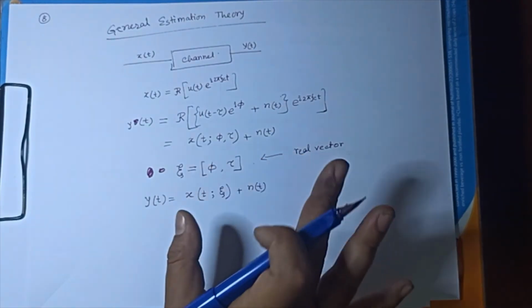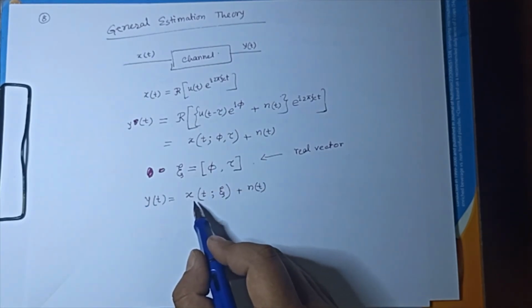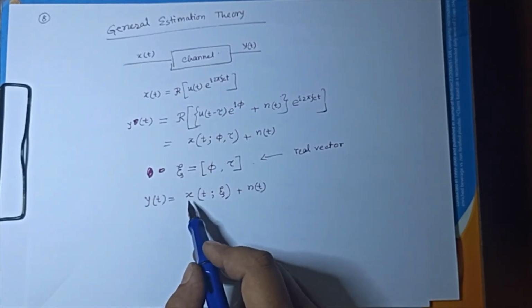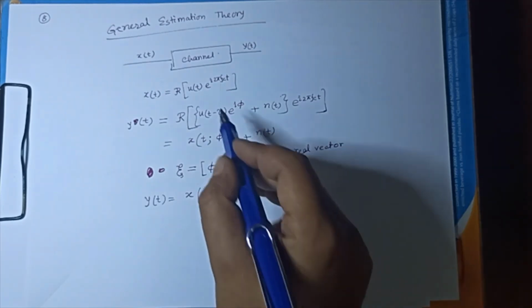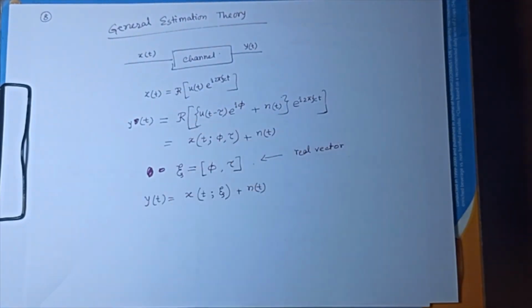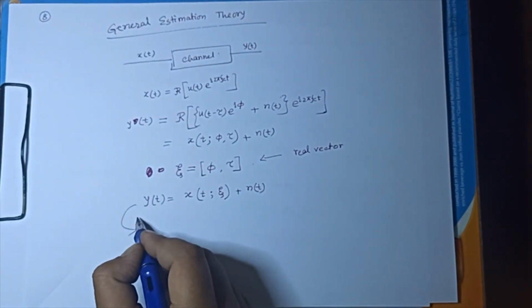Otherwise they are real, so they are continuous. So in this setup, x is not only random originally, but also the parameter on which it is dependent is also random, and that is continuous random.